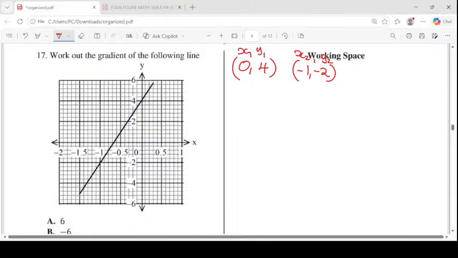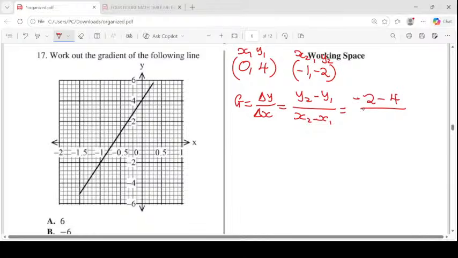How do we get gradient? Gradient is given by change in y over the change in x. When we talk about change in y, this is y2 minus y1 over x2 minus x1. What is our y2 in this case? Our y2 is -2, so I'll have here -2 minus y1, which is 4, all over x2, which is -1 minus 0. -2 minus 4 will become -6, all over -1 minus 0, this is -1.